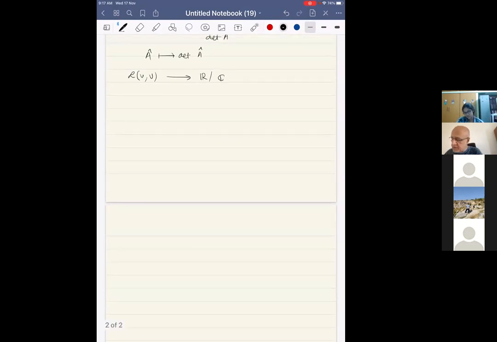We do this as follows. First, we do it for matrices, and then, as before, we will do it for linear maps from a finite dimensional vector space.